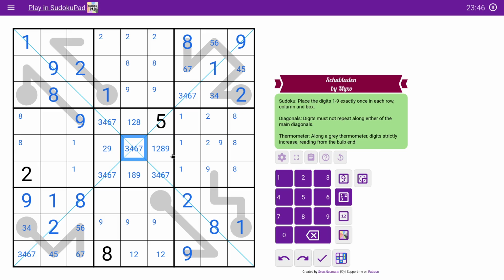If this is a 3... impossible. Right? If this is a 3, it goes here, it goes here, here, and then where are you? I bet we can do the same thing with 7.